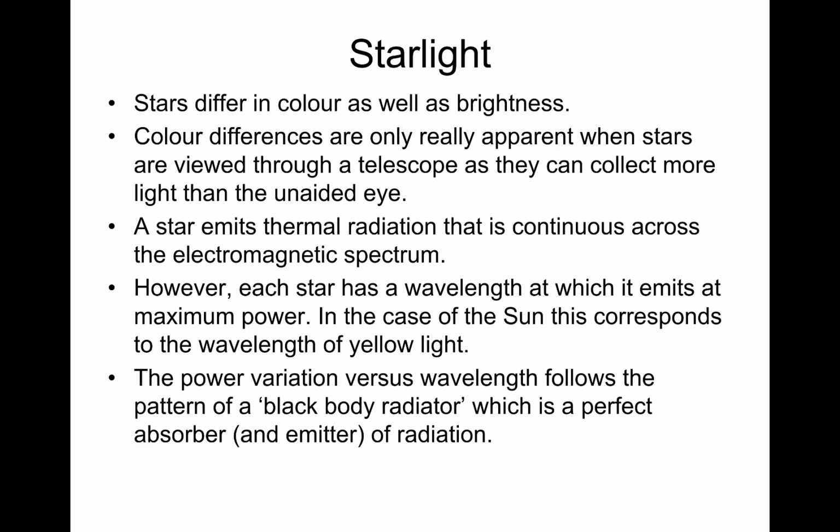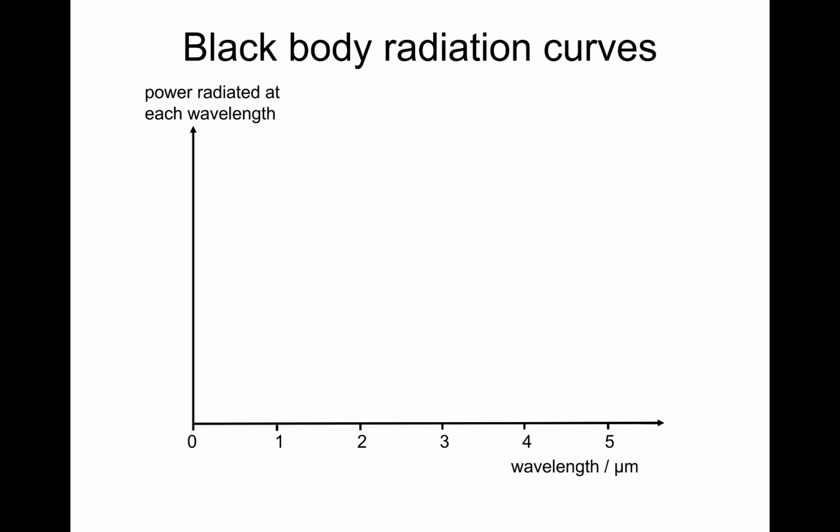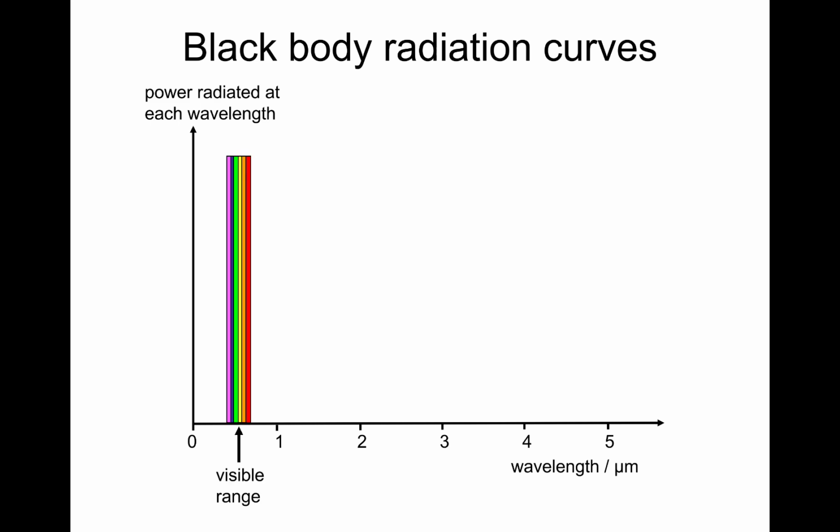So the power variation versus wavelength follows the pattern of a black body radiator, and a black body is a perfect absorber and emitter of radiation. Next up are some black body radiation curves. Power radiated at each wavelength, where power is the amount of energy per second, with wavelengths in micrometers.